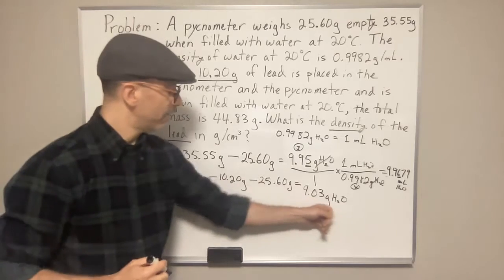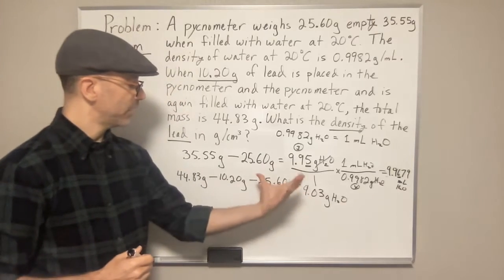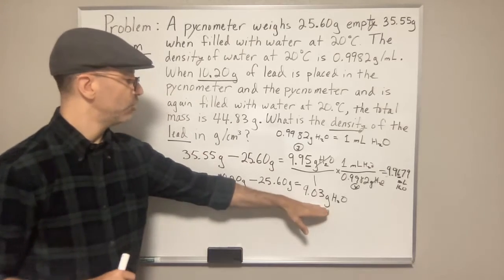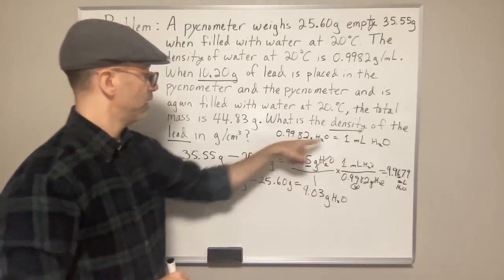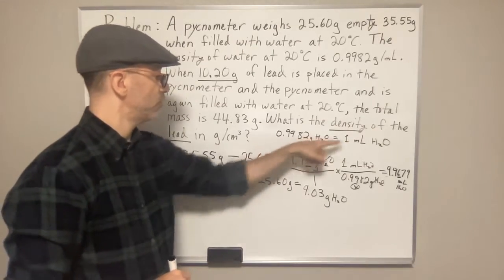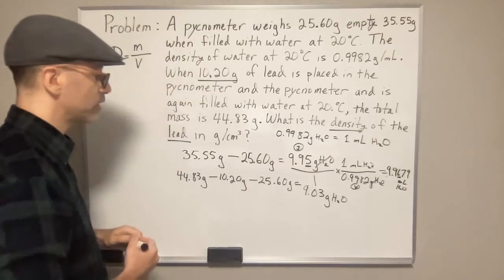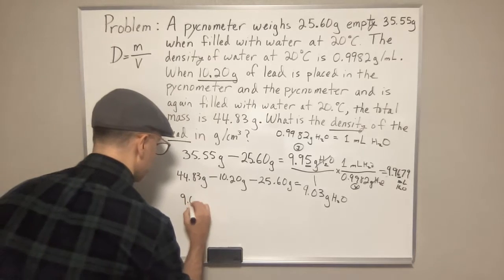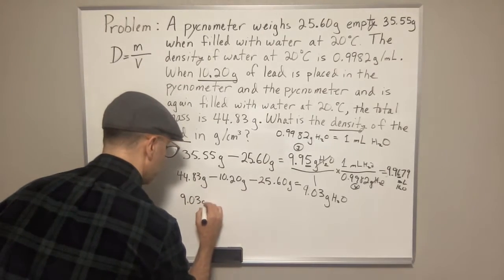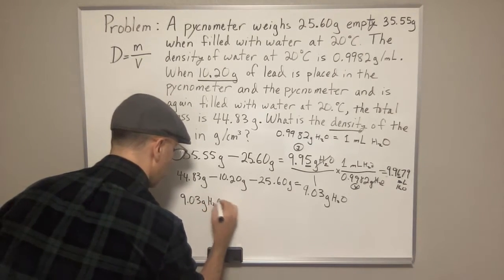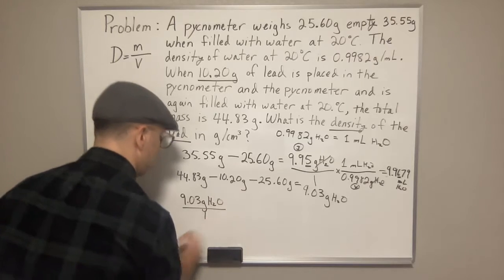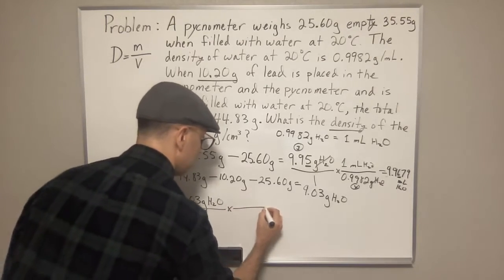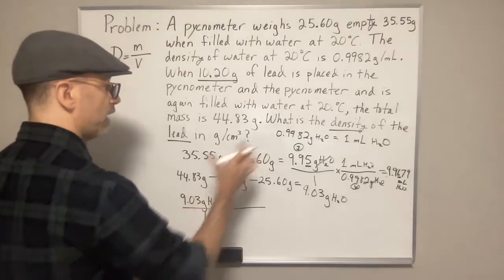So now that I have the grams of water that's occupying the pycnometer with the lead, I can now use the density of the water again to convert that to volume. So now let's do that. I have 9.03 grams of water over 1. And I'm going to multiply that by the conversion factor of the density.